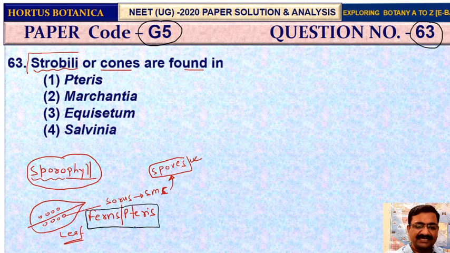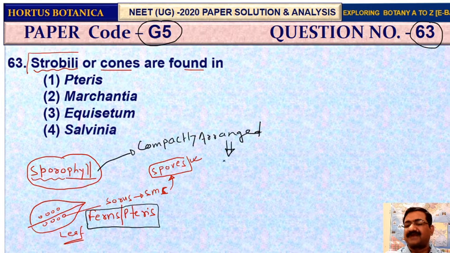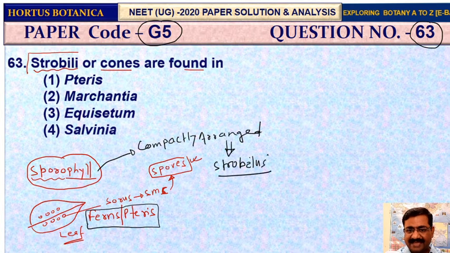Now discuss about the question that sporophylls are cones. So what happens whenever this sporophyll becomes compactly arranged, then they will form a very special structure, and that very structure is called a strobilus, singular, and their plural is strobili. Fine.